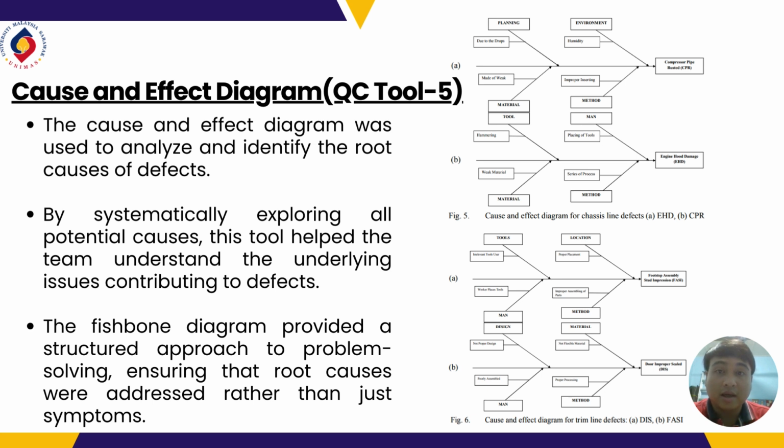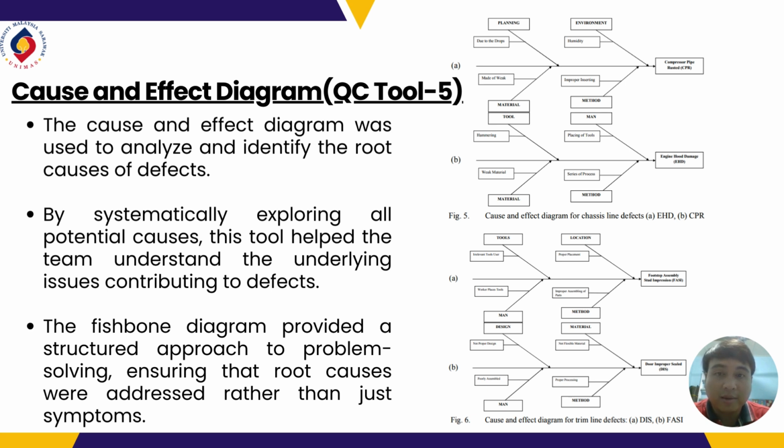For the next slide, I will continue with the next quality control tool that has been applied, which is the cause and effect diagram. The cause and effect diagram was used to analyze and identify the root cause of defects. By systematically exploring all the potential causes, this tool helps the team understand the underlying issues contributing to defects.